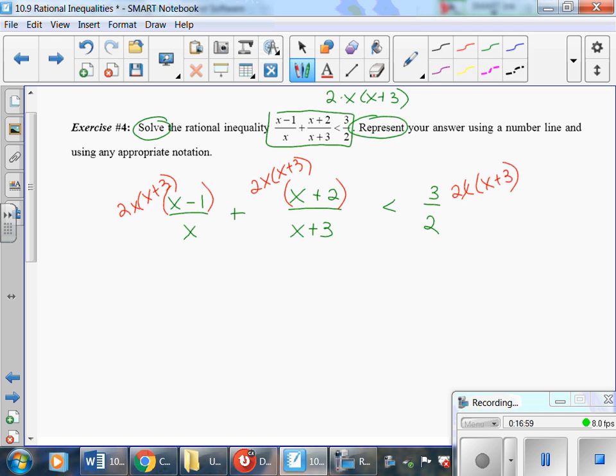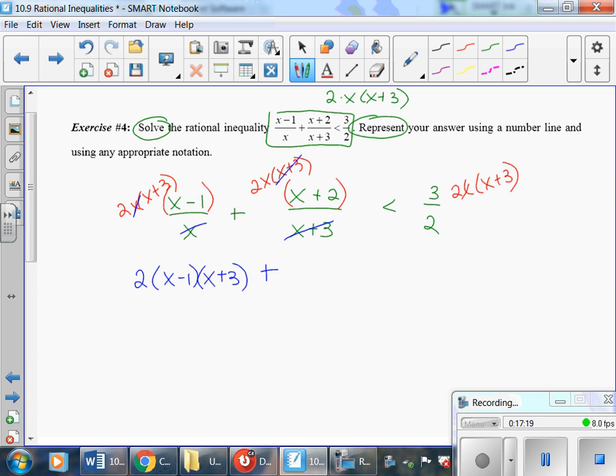So when you simplify this, the x's cancel. I'm left with my original x minus 1, but then I also have x plus 3 times 2 left over in that first one. Plus, the x minus 3's cancel.